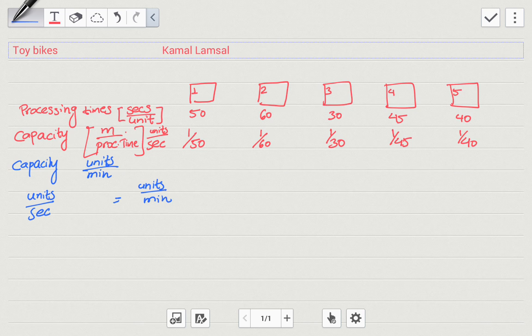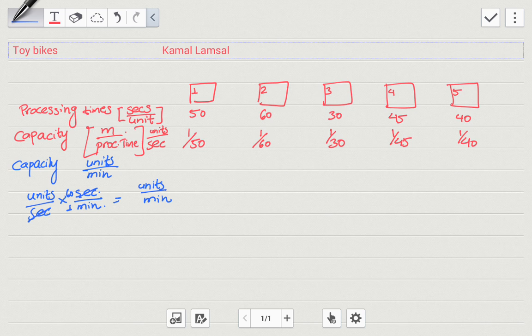We have second at the bottom, but here we want to reach minute at the bottom. So we have to get rid of the seconds. To get rid of seconds, we need seconds on the top, and to introduce minute at the bottom, we need minute at the bottom. But we have to make the top and bottom equal. The only way we can do that is 60 seconds is the same as 1 minute.